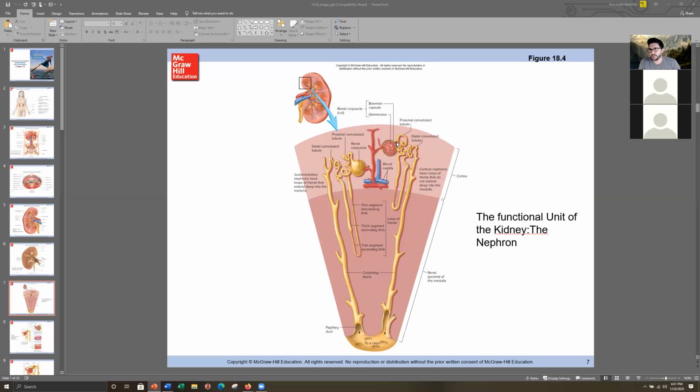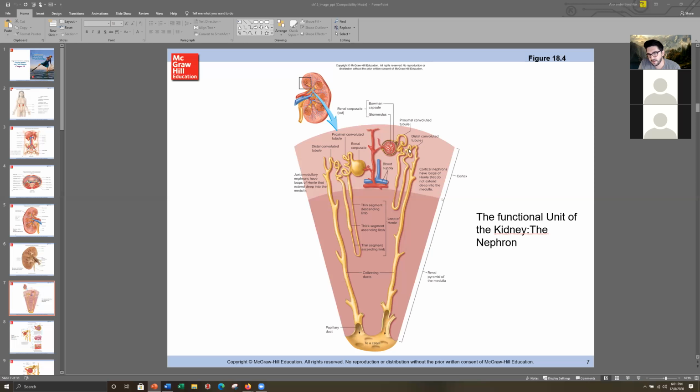Once the filtrate has exited the bloodstream, it enters our first division of the nephron called the proximal convoluted tubule. So it's a tubule because it's a tube. It's convoluted because it's always got all these little twists and turns. And then it's proximal because it's closest to the start of the nephron, all right?